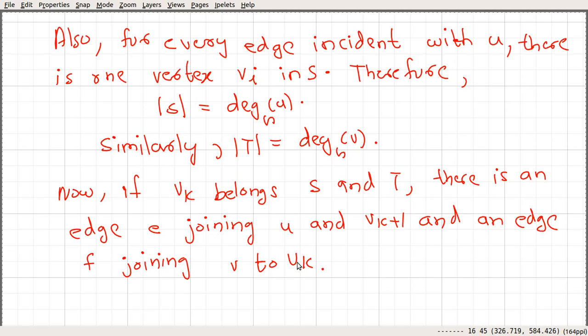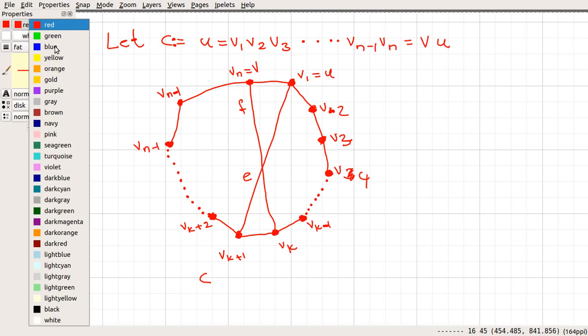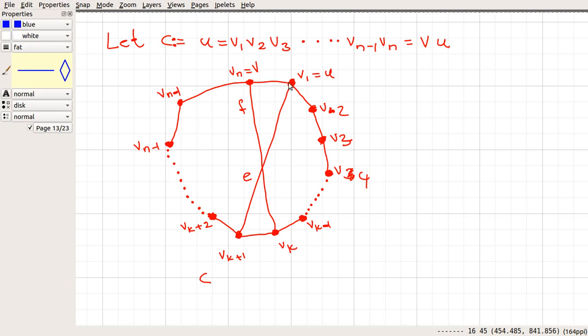Let's see what is going to happen if this is the case. Let's look at this figure. In this case, if we have such a situation, we can find a new cycle here, which starts from here. Let me use a different color for that. It starts here, uses this vertex, then moves to this vertex and follows this path, then uses this edge, and it will move to Vn.